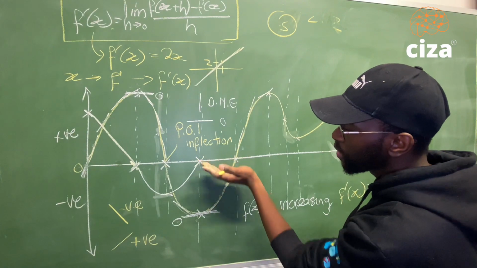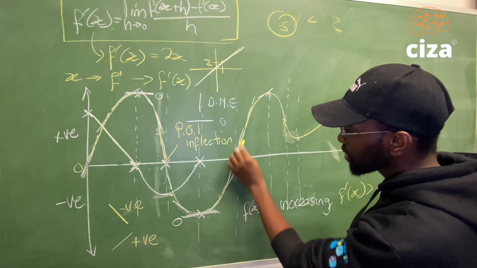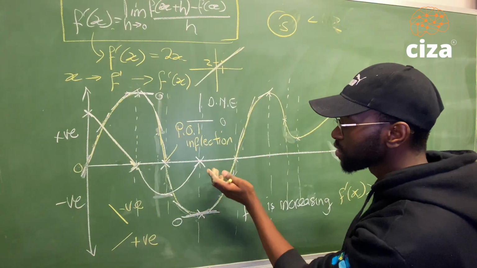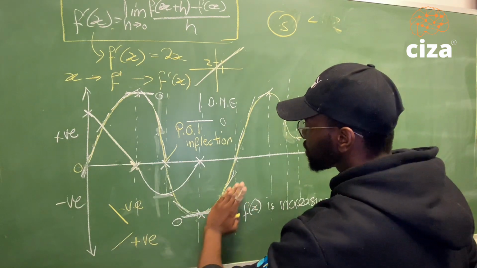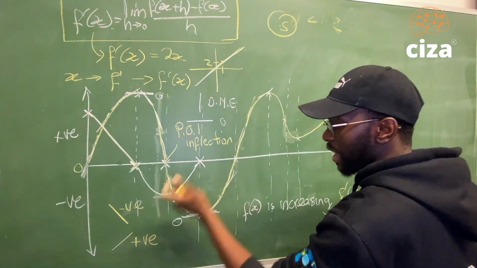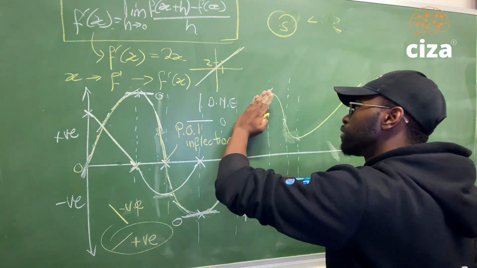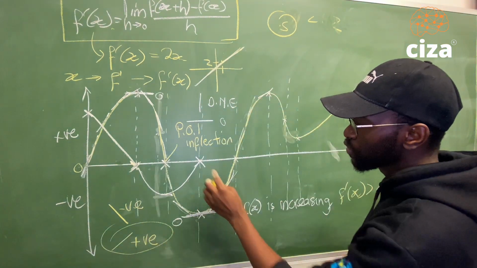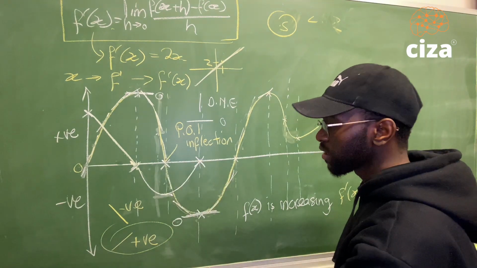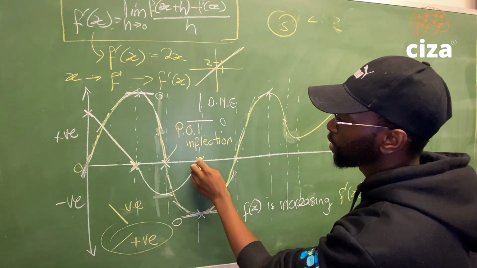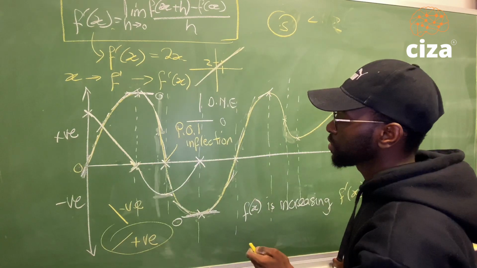Remember, when a function is increasing, the function of the derivative is positive, because the tangents here are now going up. So a gradient that is steep like this will be positive. So the function of the derivative will be above the x-axis.